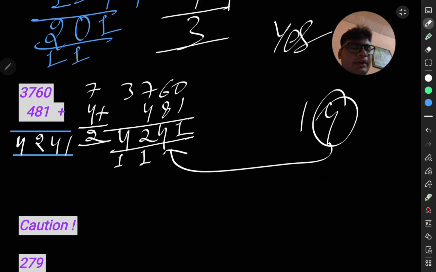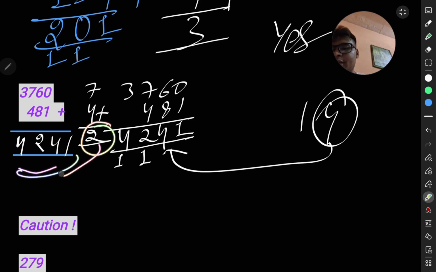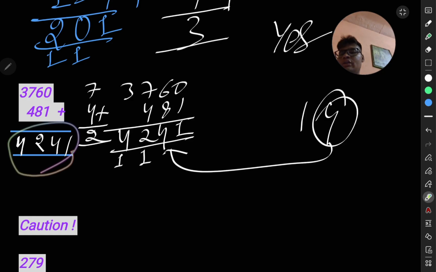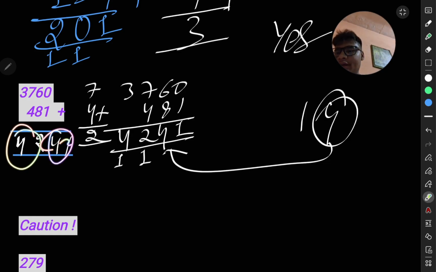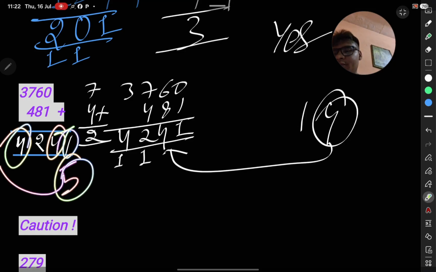Now we have to check whether this answer matches the digit sum of this answer. Here is 4, and 4 plus 1 will be 5, and 5 plus 4 will be 9.